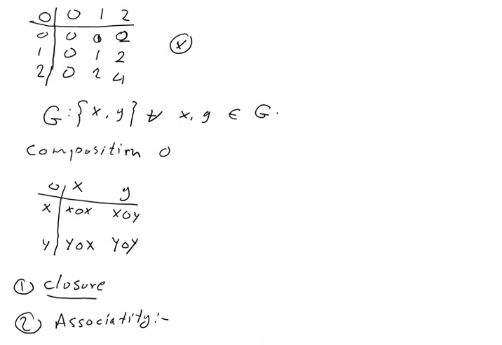Now we take x, y. x composed with y, composed with y, with two elements or three elements, is equal to x composed with y composed with y together. The result is equal. That is associative.